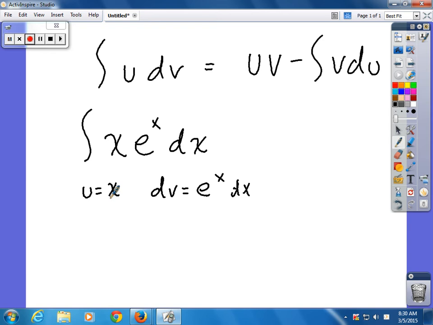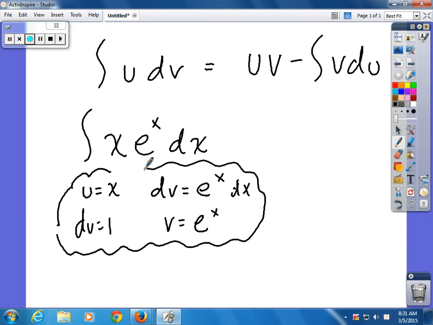Now, once you get u and dv, you just do the antiderivative and you do the derivative. The derivative of u is 1. And v is e to the x. And then you take this and plug into ultraviolet minus voodoo.